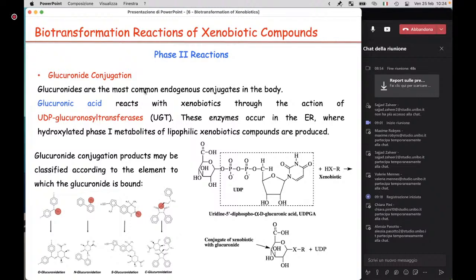The name of the enzymes carrying out this kind of reaction is UDP-glucuronosyl transferase. So it's quite strange. Of course, transferase means that the enzyme transfers some molecule to another molecule.